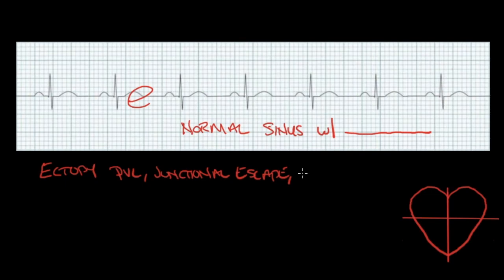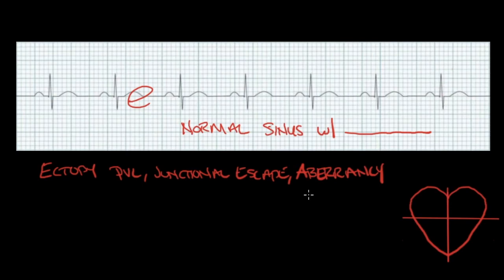So it could be a sinus bradycardia with junctional escape beat. Could also be something such as aberrancy, which would be some sort of conduction delay that we would usually see in a widening of the QRS.